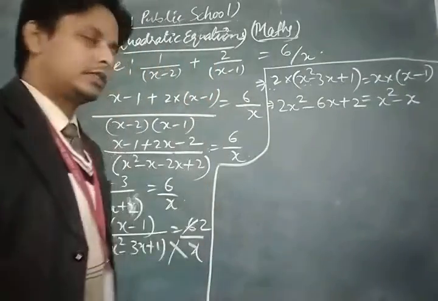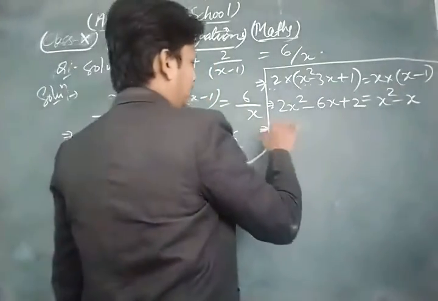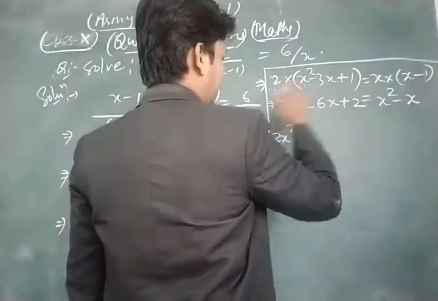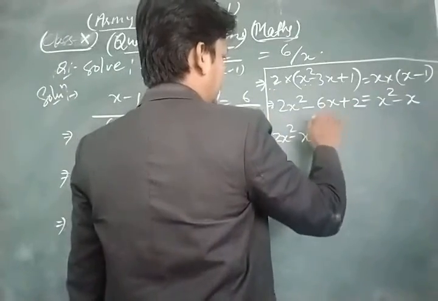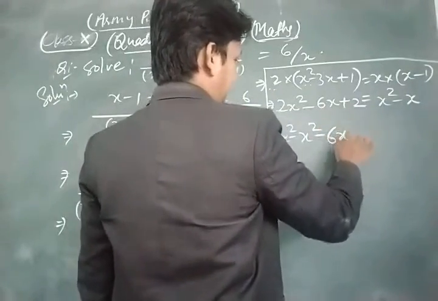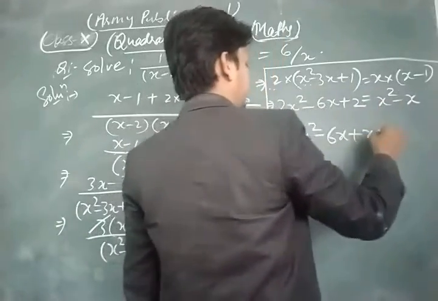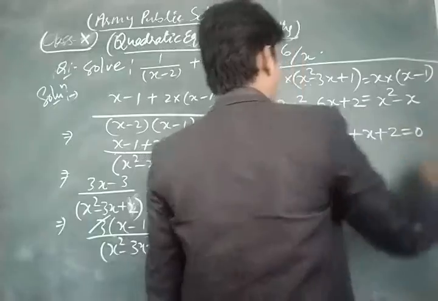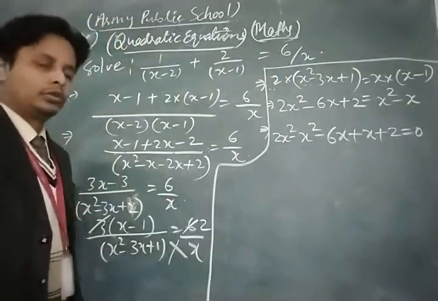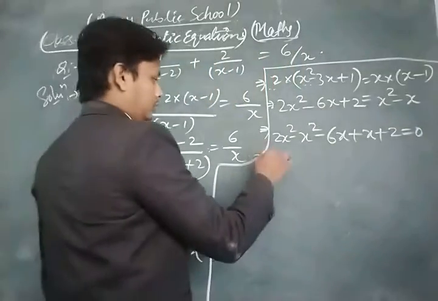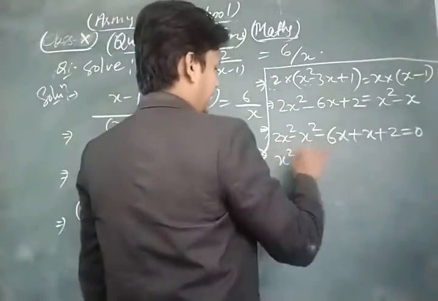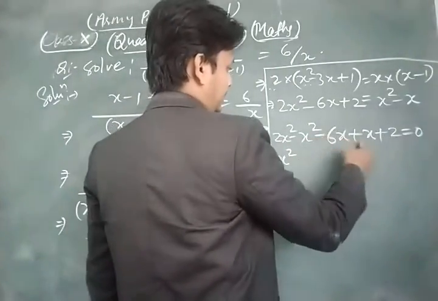Now we transfer to that side. So 2x square, and x square transferred to that side becomes minus x square, minus 6x as it is, minus x transferred to that side becomes plus x, plus 2 is equal to 0. Now 1 x square is left, and here minus 6x plus x, that is what?